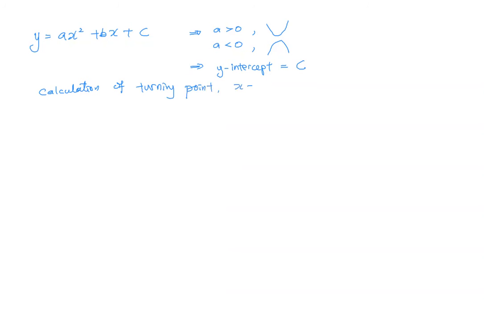X coordinate is negative b over 2a. Y coordinate: substitute into the function.